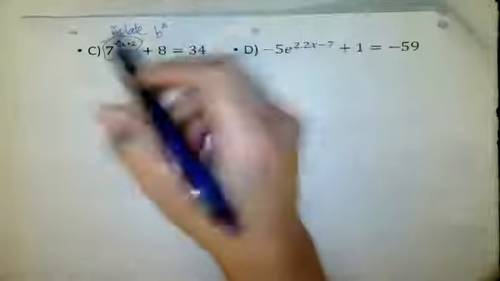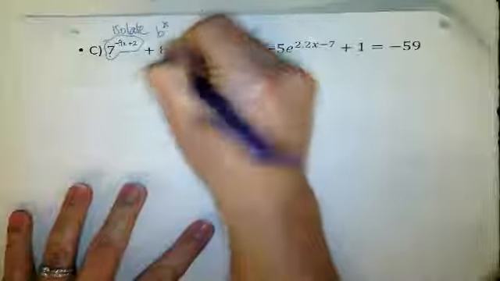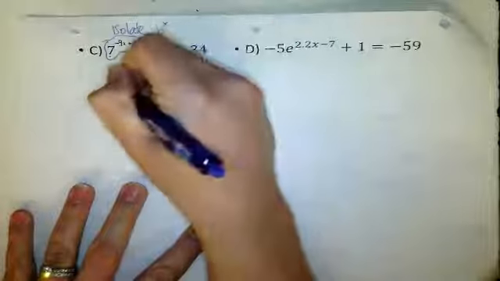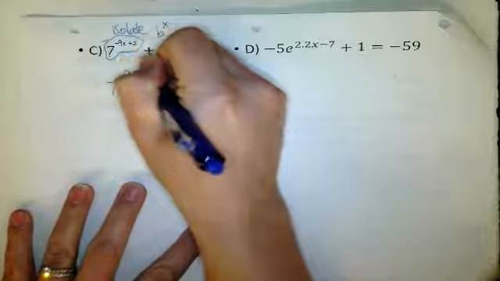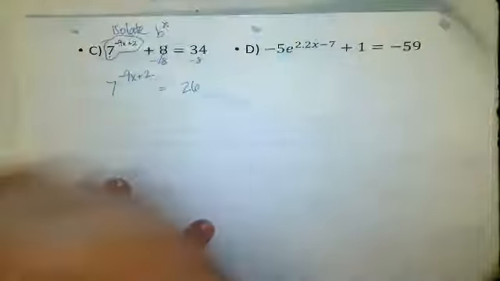Whatever your base is, that's the 7 in this case, with our little exponent, it needs to be by itself first. So what should we do? Move the 8. So we have 7 to the negative 9x plus 2 equals 26.